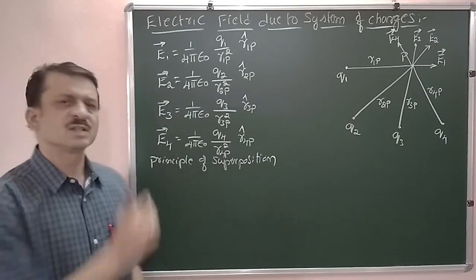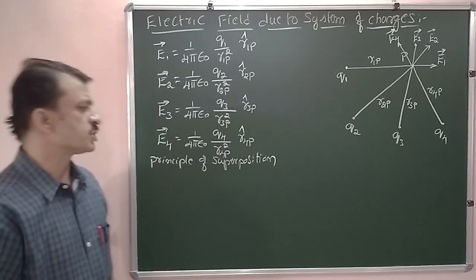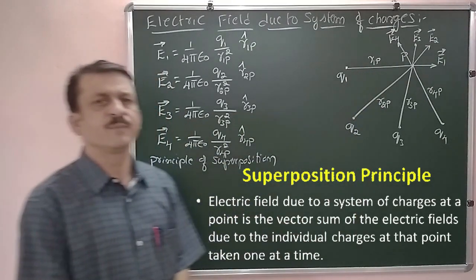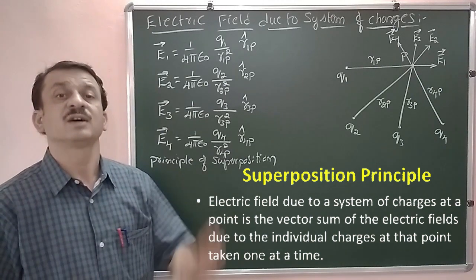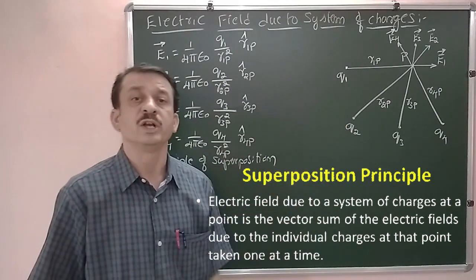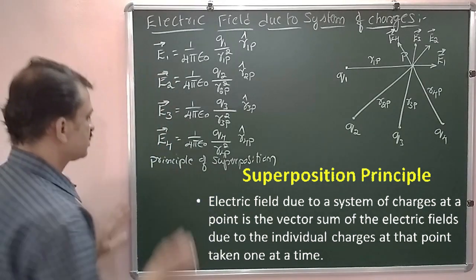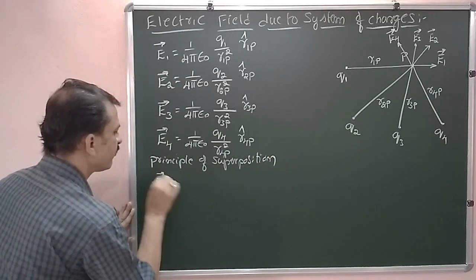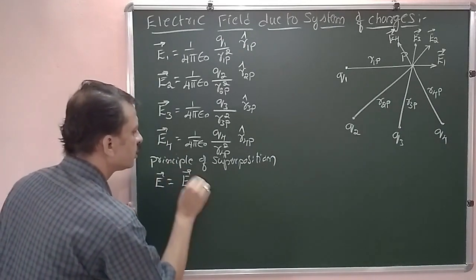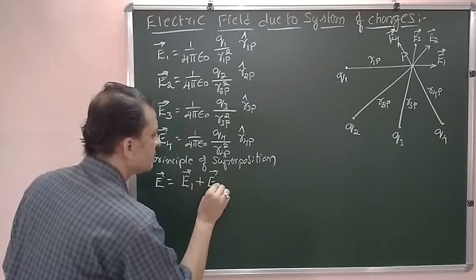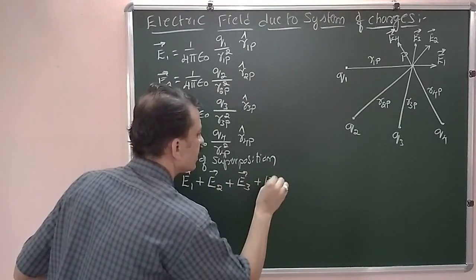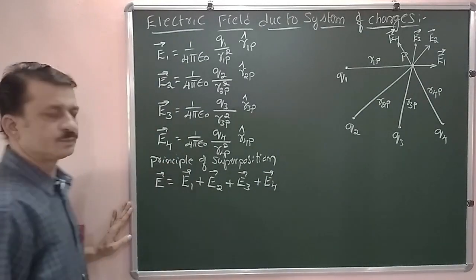According to this, the total electric field at the point P is the vector sum of the electric fields due to the individual charges. So the total electric field at P is given by the vector sum of all the fields, E1 plus E2 plus E3 plus E4.